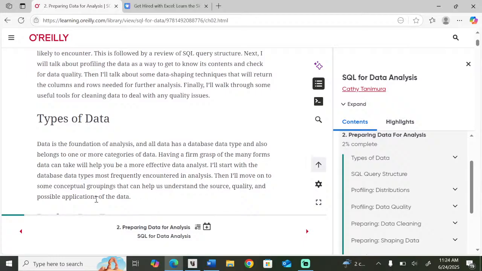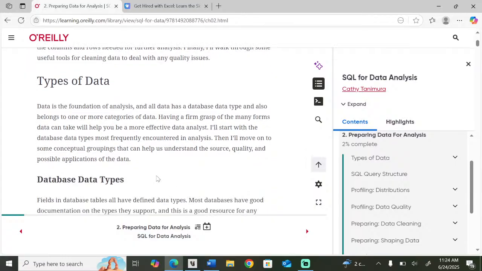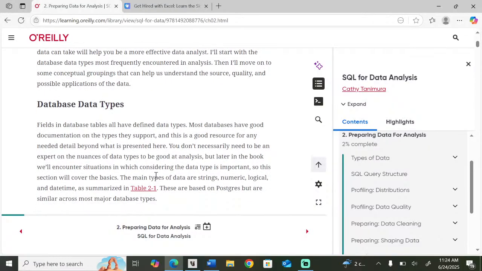I will start with database data types, the most frequently encountered in analysis. Then I will move on to some conceptual groupings that can help us understand the source, quality, and possible application of the data.